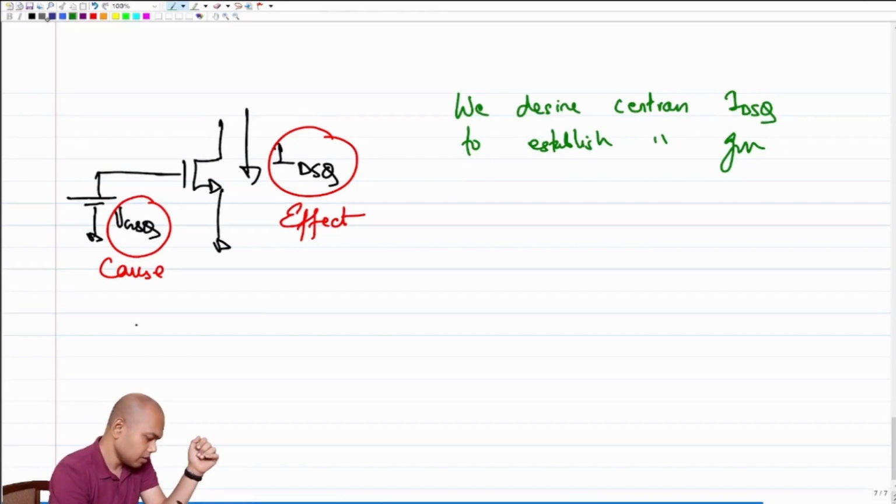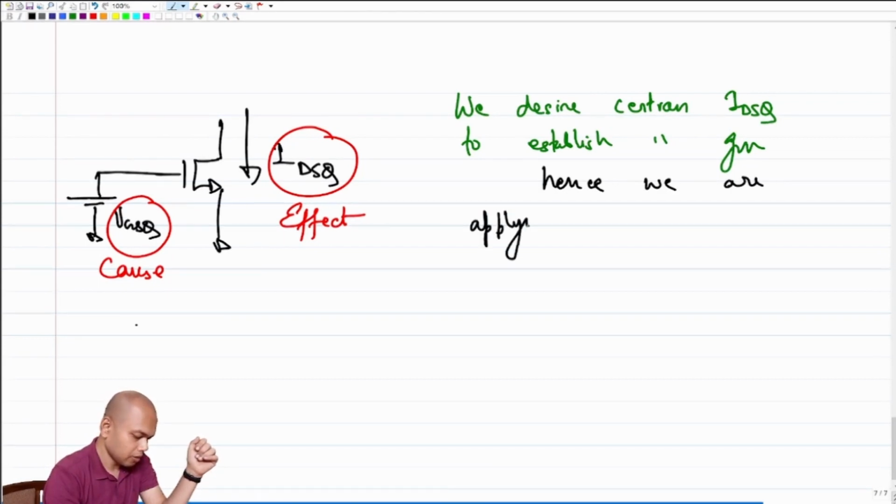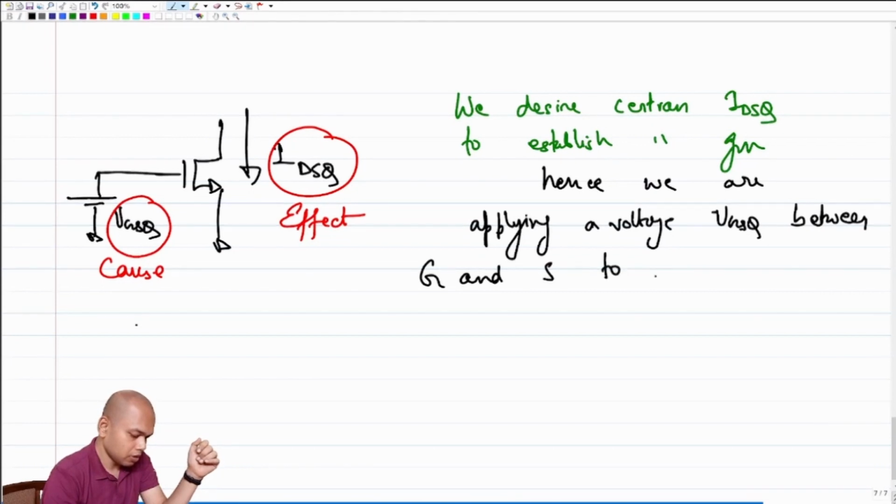Hence we are applying a voltage VGSQ between gate and source to generate the current IDSQ.